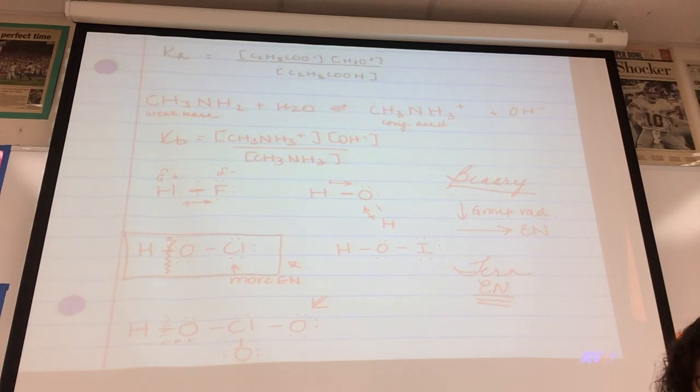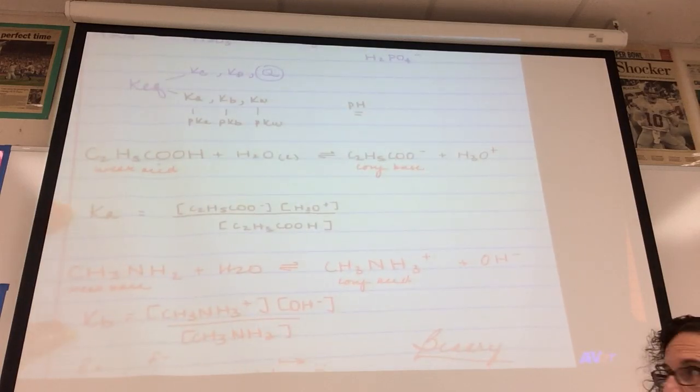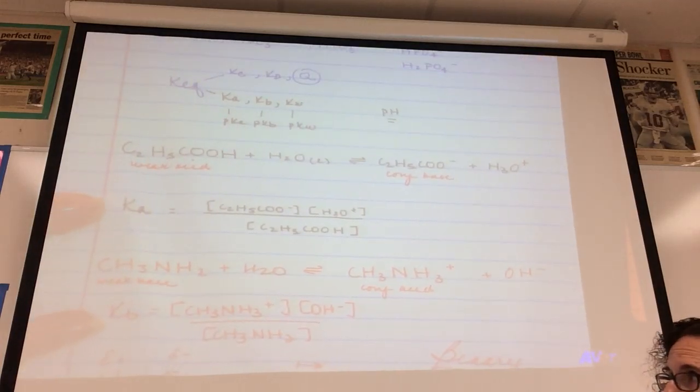Be careful there. The more electronegative an element attached to the O, or the more O's you have, the greater the strength of the acid. We're going to get into acids and bases a lot more. We're going to talk about self-ionization of water next week. At this point, you just want an understanding of how to write Ka and Kb expressions. We'll get into solving them later in the week.